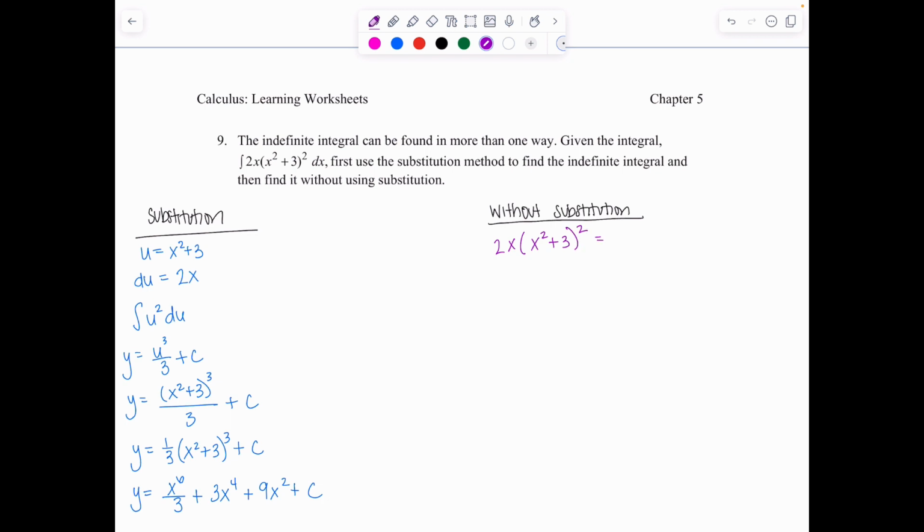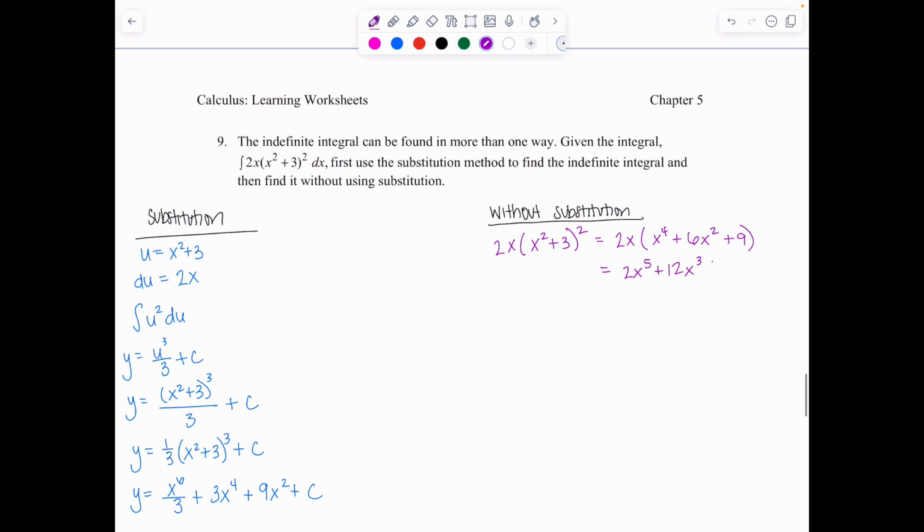And I'm going to start by squaring x squared plus 3. So we'll have x to the fourth plus 6x squared plus 9. And then if we distribute, we'll have 2x to the fifth plus 12x cubed plus 18x.